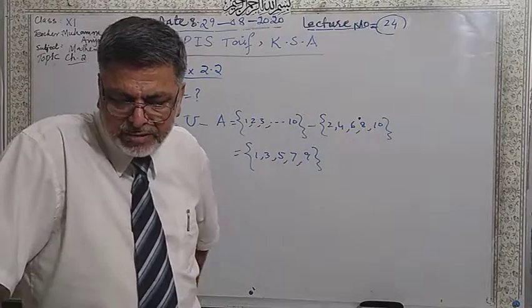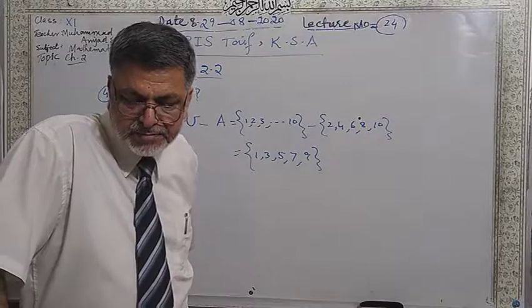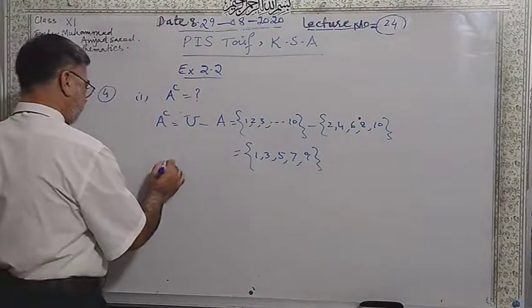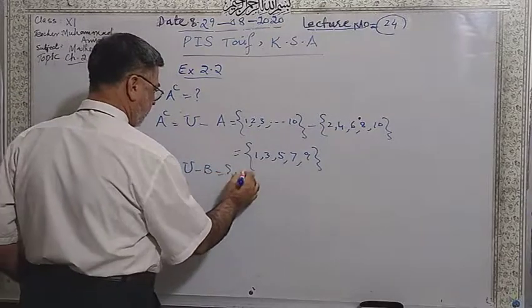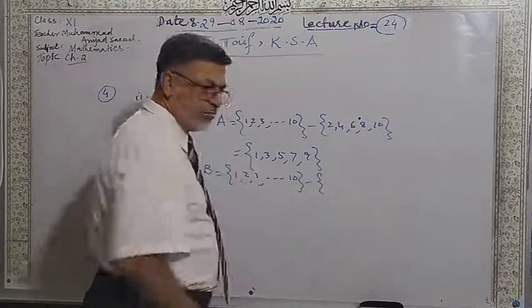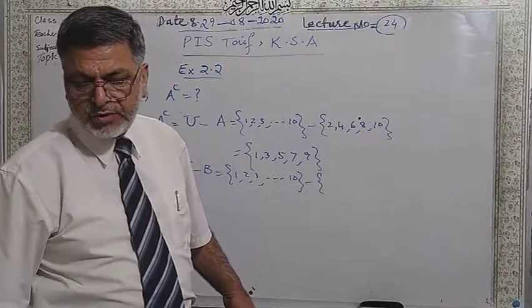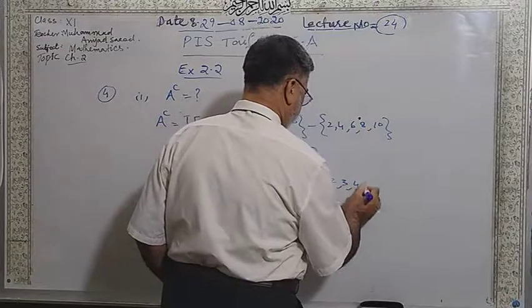Similarly, you can find B complement. What will be universal minus B? Universal is 1, 2, 3 up to 10. B is 1, 2, 3, 4 and 5.